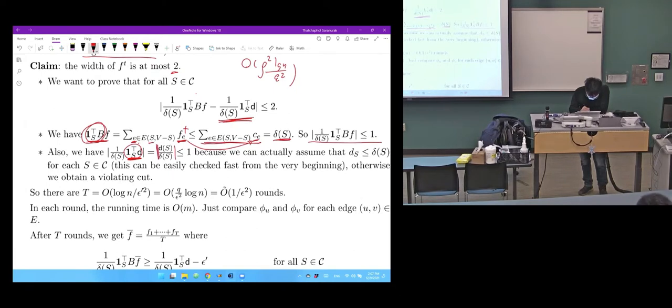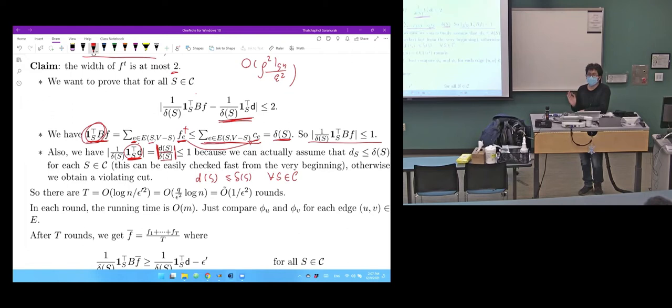But actually, I can assume that the total demand on S is smaller than the cut size on S, for all S in the family.